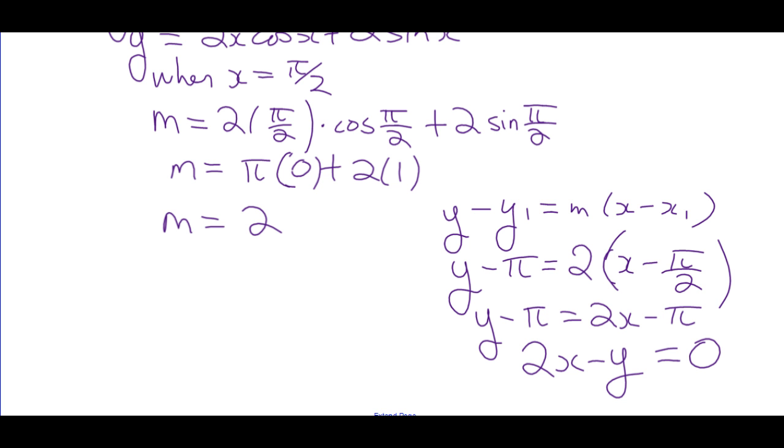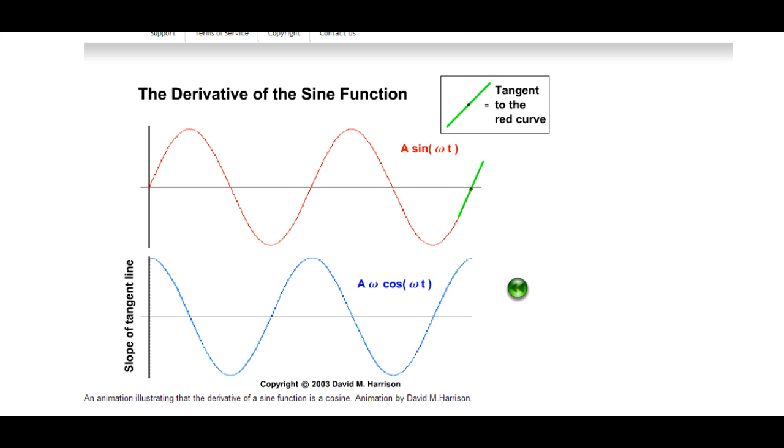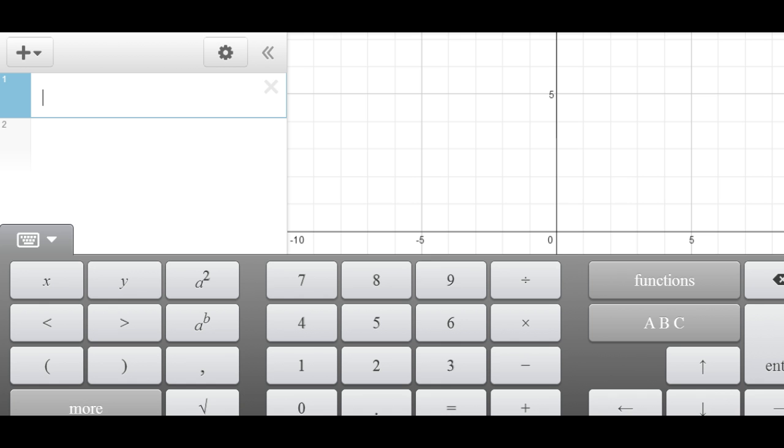And we could graph that and say, hey, that looks like what it should look like. It even said on here, let's use Desmos to graph. Okay, here we go.